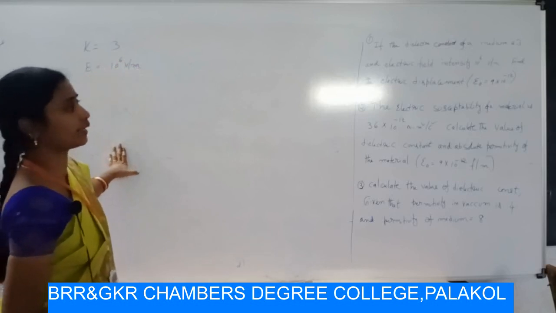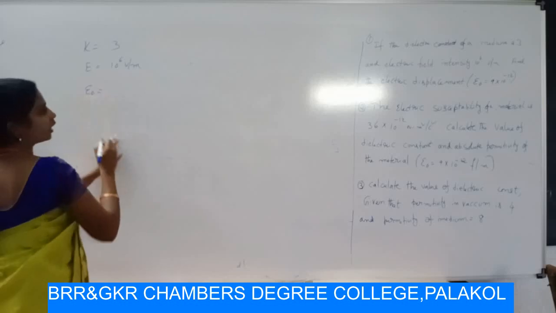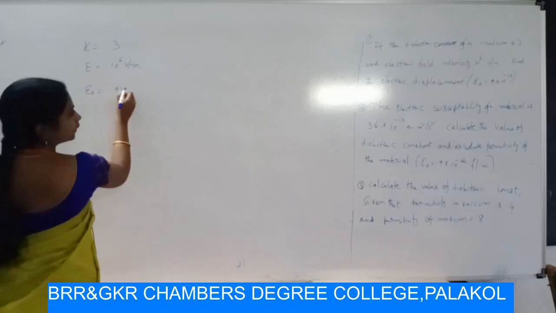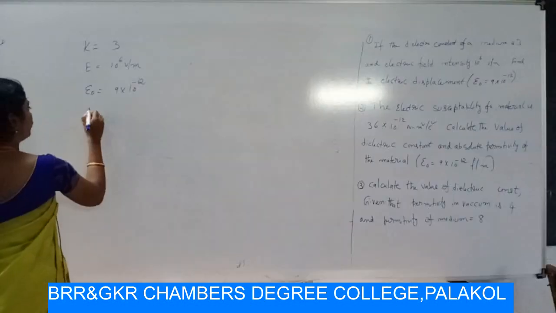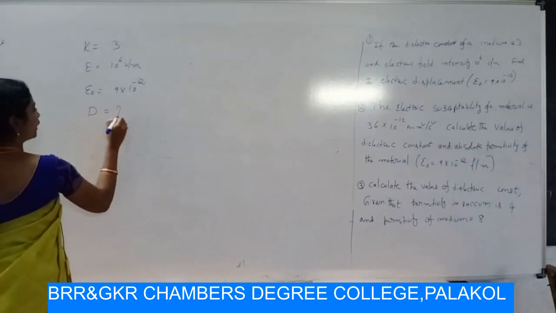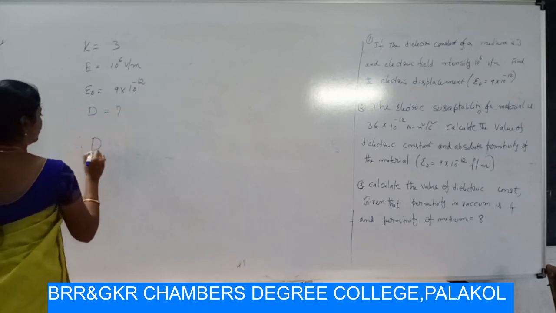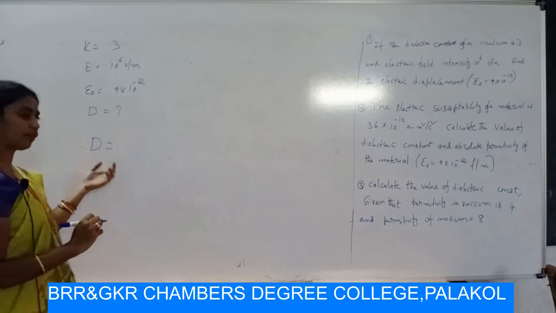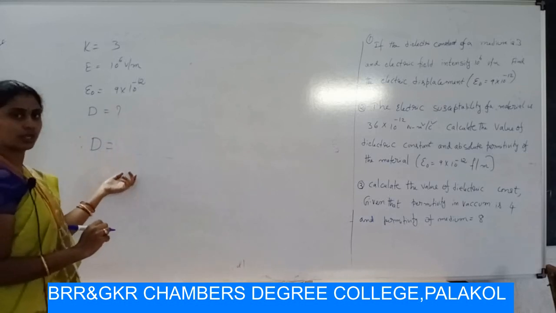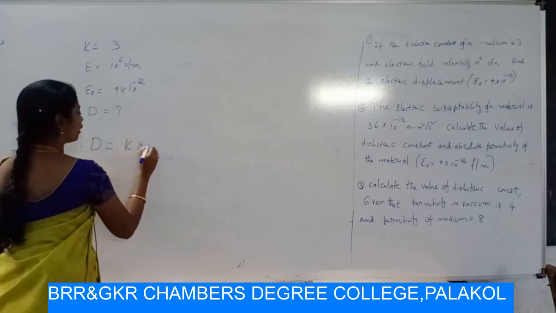We have to calculate D, the electric displacement. The electric displacement D is the product of the electric field strength and the dielectric constant. Then we write D equal to K into epsilon naught E.